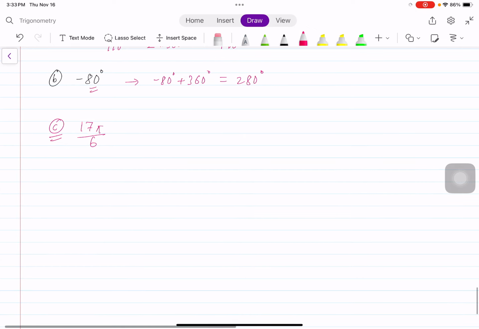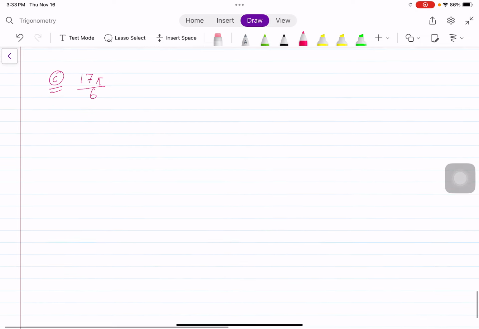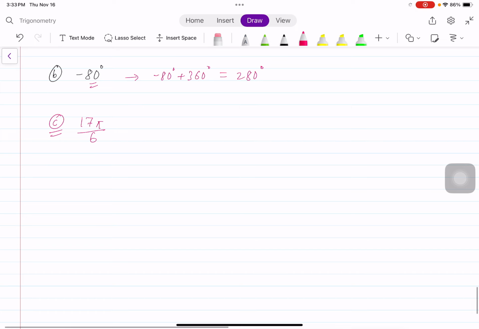If you convert this into the corresponding decimal, it is less than 3 pi, which means at least one complete rotation is there.